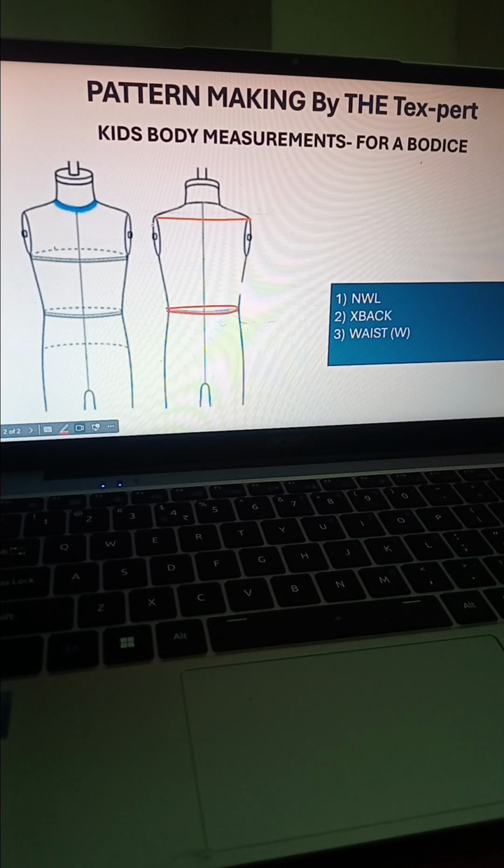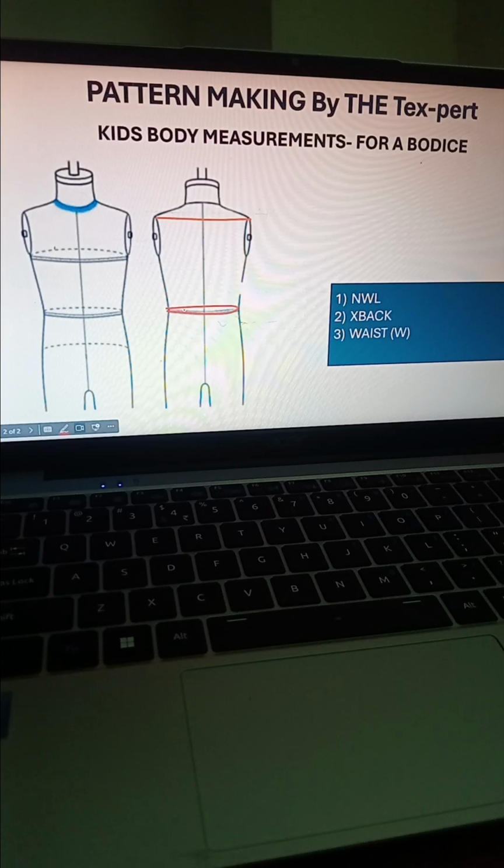For cross back, we just measure from this tip to this tip, so that's half of the body, but here we measure the full body across, the round waist. Then we note those measurements. We are only considering 3 measurements for simplicity, because our aim is to simplify every process.